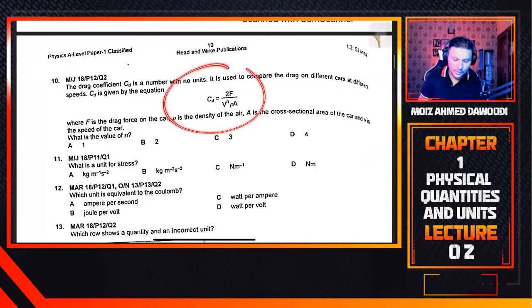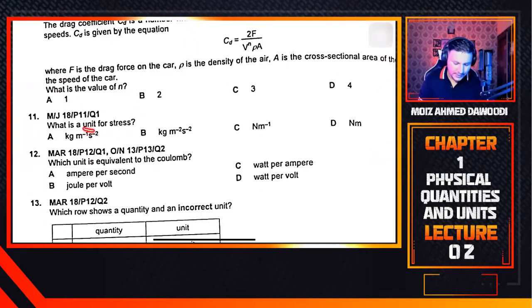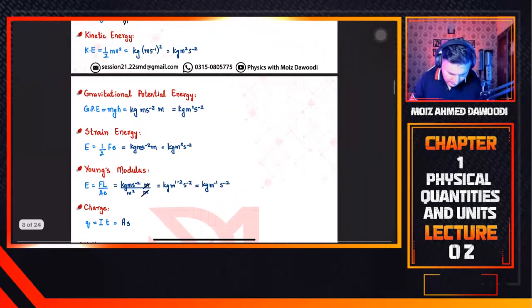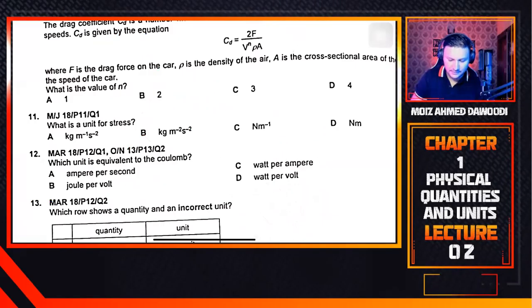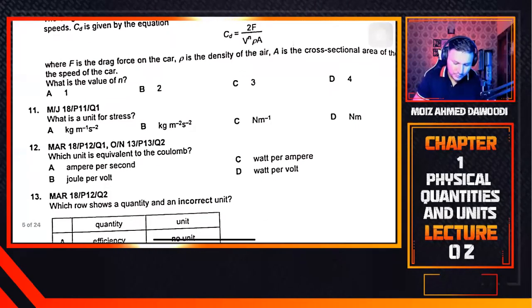I will have to pause this question for a moment. What is the unit of stress? I think we formulated the unit of stress. Given? No, we didn't do it. Let me tell you. Son, stress is a new quantity which we'll have in the topic known as deformation of solids. Stress is equal to force over area.